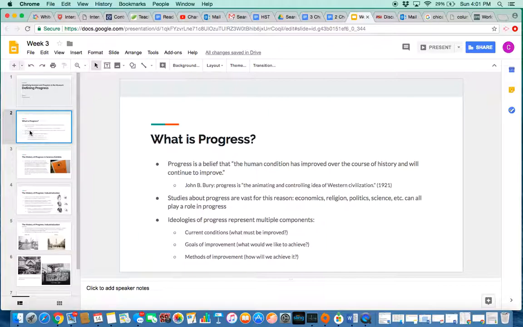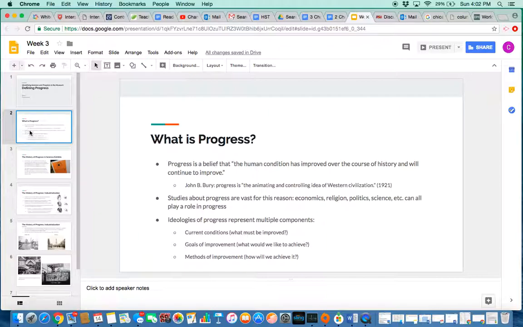So when we're looking at progress, we're looking at the history of the term and why it's so important in terms of thinking about things that we're thinking about in this class. So it's useful for us to see how scholars have tended to look at progress. And progress plays a pretty central role in how we think about the history of the United States and the history of Western nations.